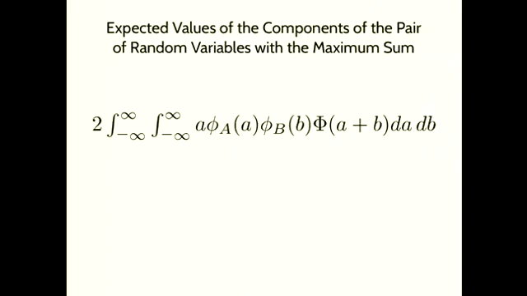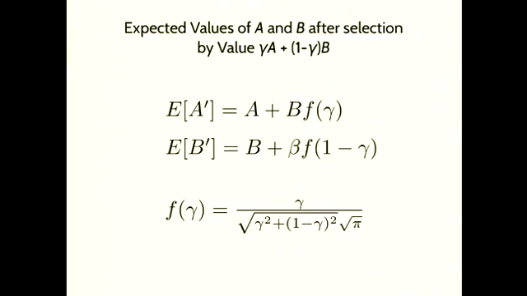So together, it's the probability that we got these particular values, and by the way, the sum is bigger than the other pair. For the same reason as before, multiply by 2, because it might be the case that the second pair of mutations had a larger sum than the first. And this integral evaluates to this thing, which is again nice, but it's a nonlinear function of the standard deviations of the mutations, and it's a bit messier.